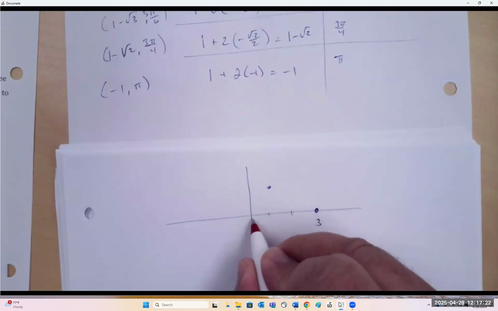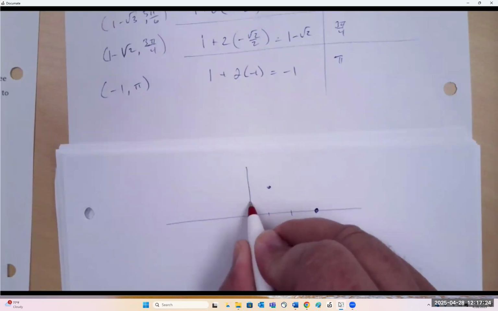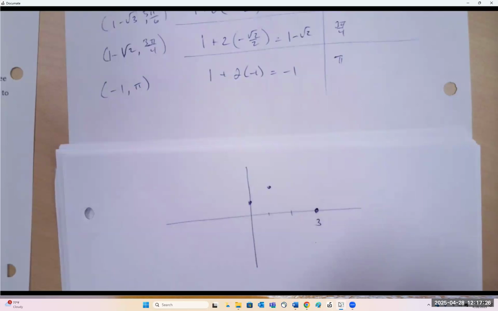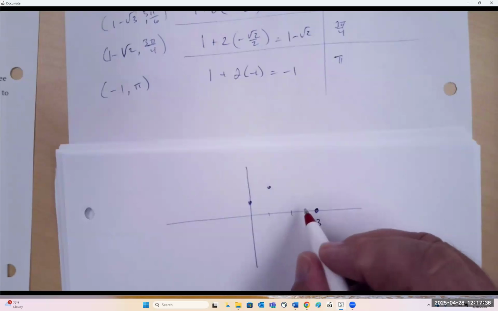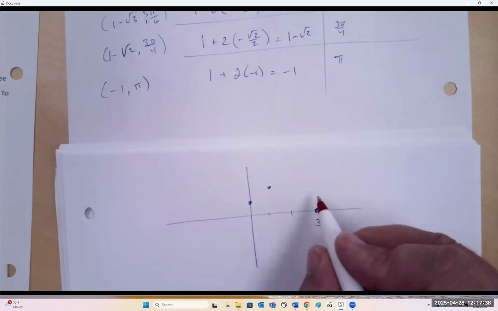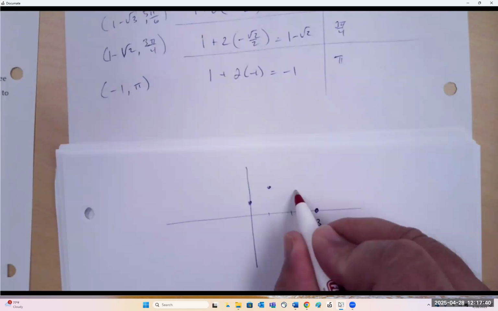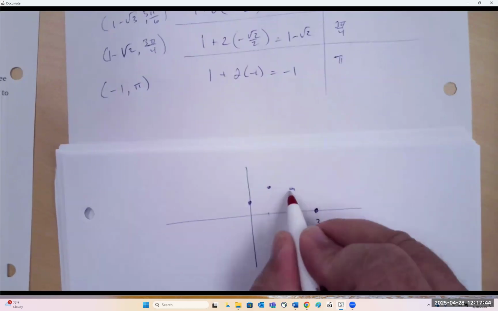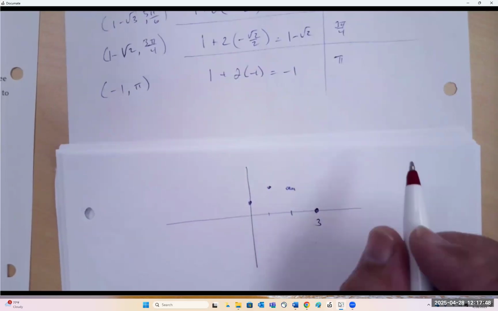Pi over 2, 1 plus 2. Seven pi over 3, there.